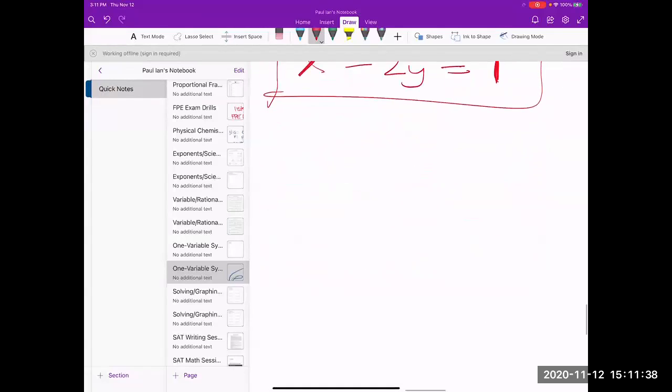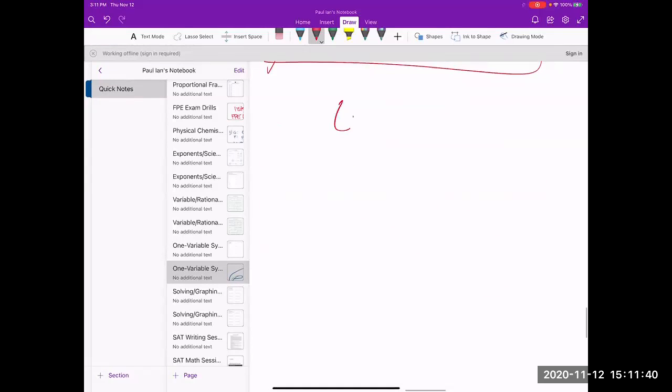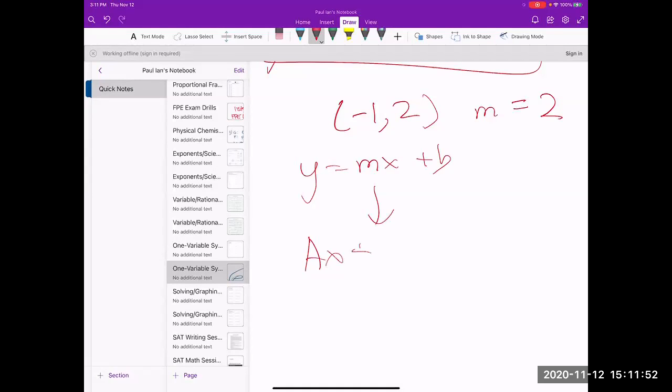All right, one more. Last one. You tell me what you have to do with this one. So m equals 2, and then you have to do y equals mx plus b, and then from that you get ax plus by equals c. All right, so what's the slope form?